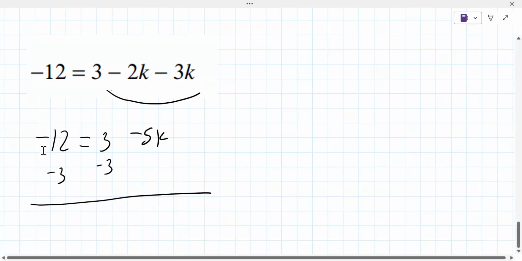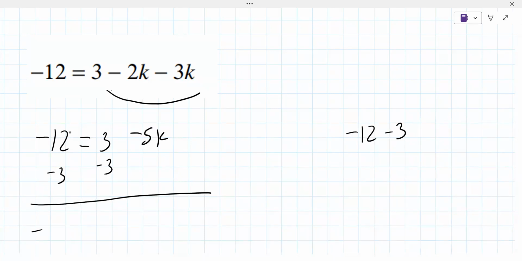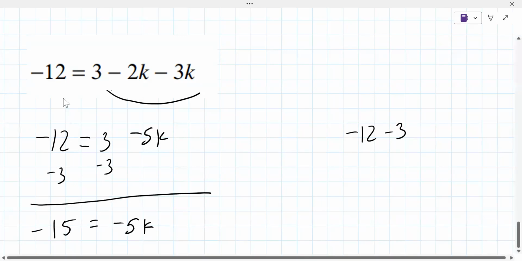-9? They're both negative. Oh, the answer is definitely negative, but I thought you just had to add the, like, -3. Yeah, so you add them. It's minus 12 minus 3. Sometimes you have to write it out horizontally. So -15 equals negative 5k.